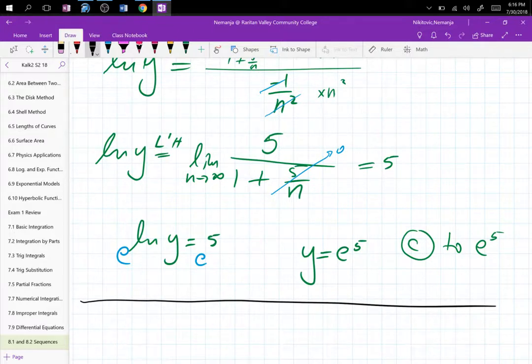Okay, so we have a few of these definitions. Terminology for sequences. Definitions, this is page 608.